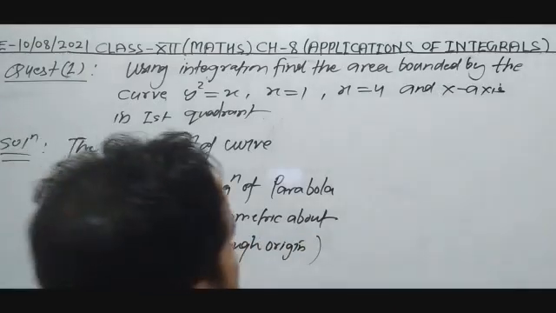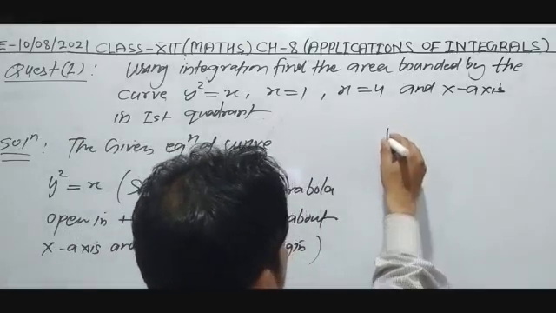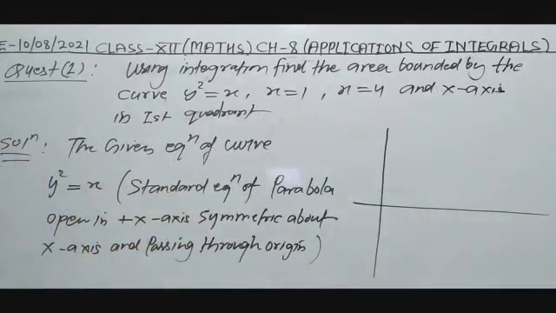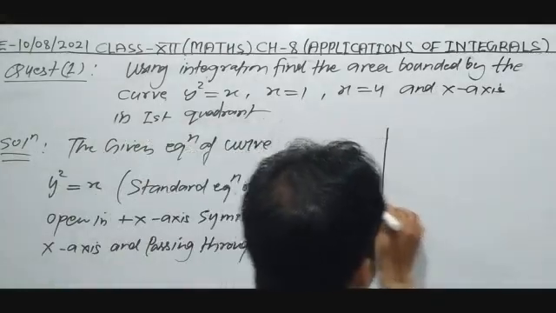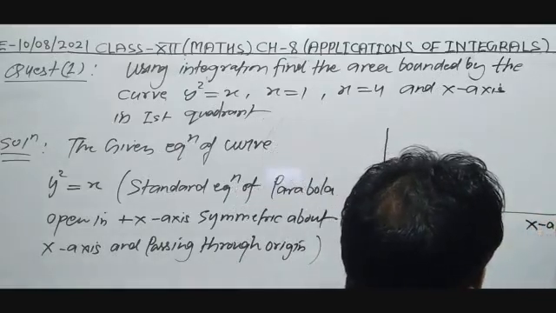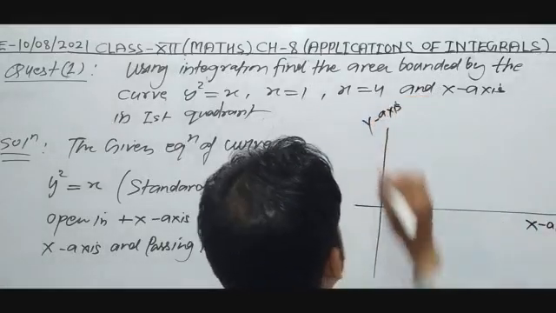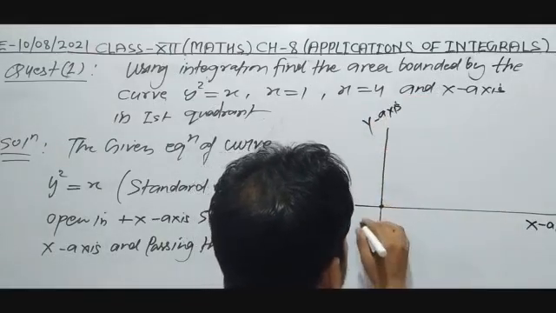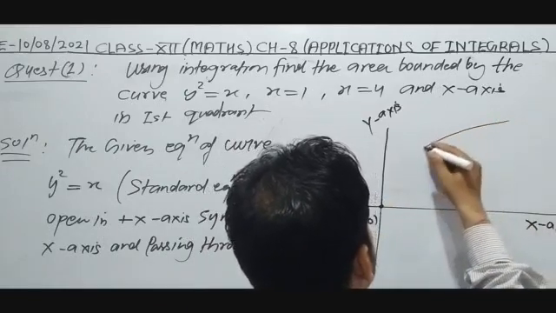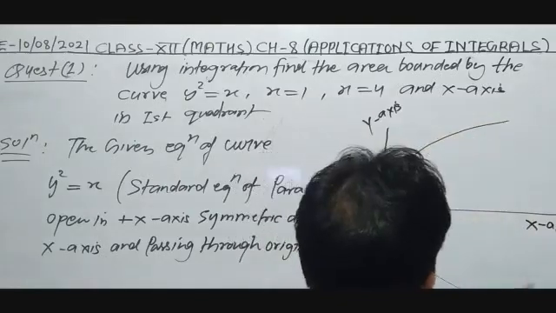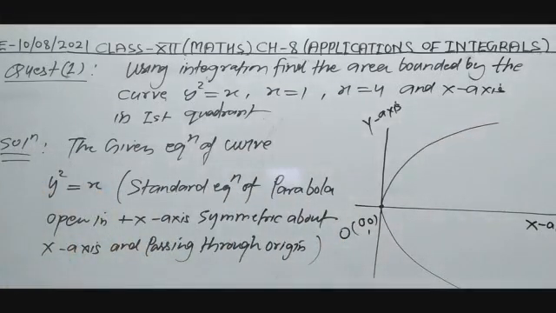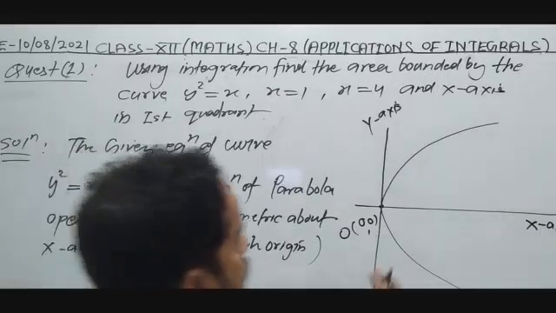Now I am going to draw. Suppose this is the x axis, this is the line y axis, this is the origin, and a parabola is symmetric about x axis, passing through origin and open in the positive direction of x axis.